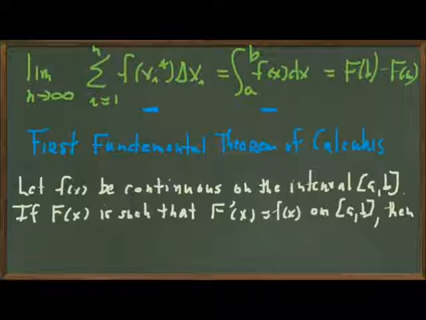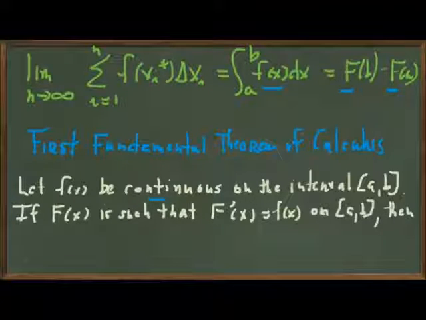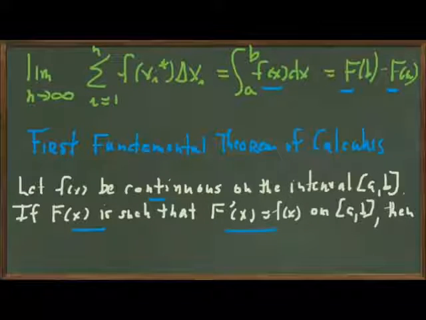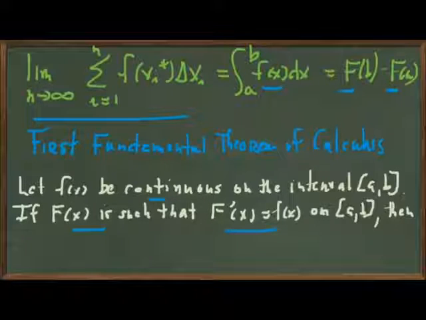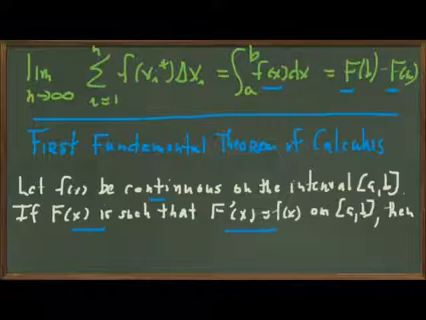So if we define our function little f, this function right here under the integral sign, to be a continuous function, and if we define this function here, capital F, to be such that its derivative is the function lowercase f, then we have this result, that all three of these quantities are equal.